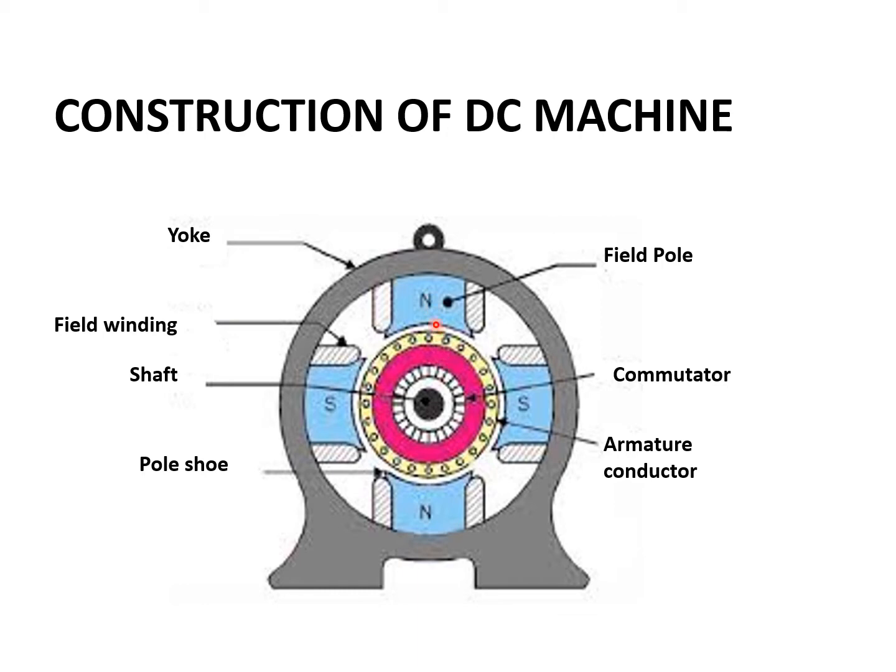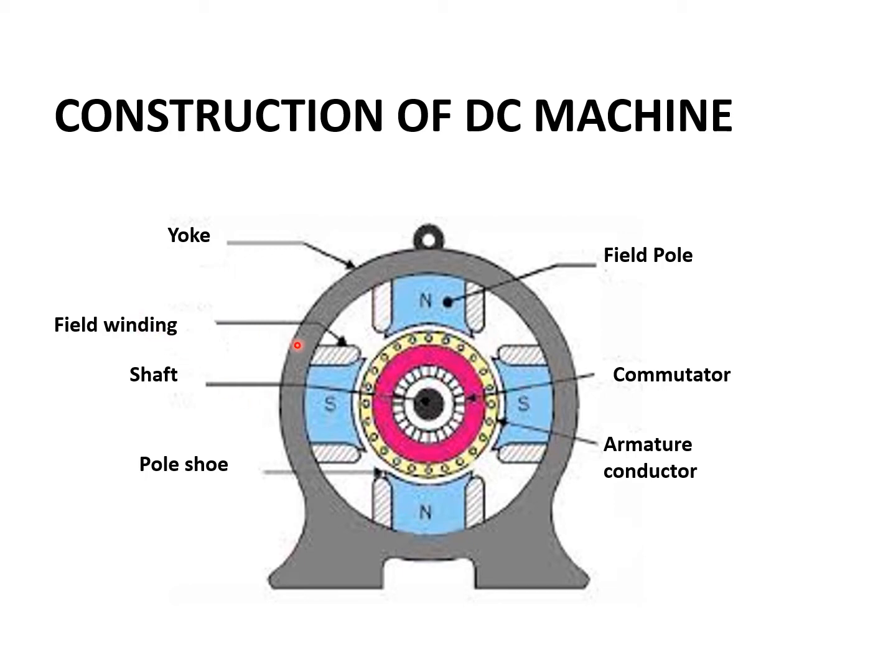Field poles are always in even number, meaning the number of north polarity field poles should be equal to the number of south polarity field poles, and alternate polarities are placed together. In this way, the field poles are placed which produce the flux.